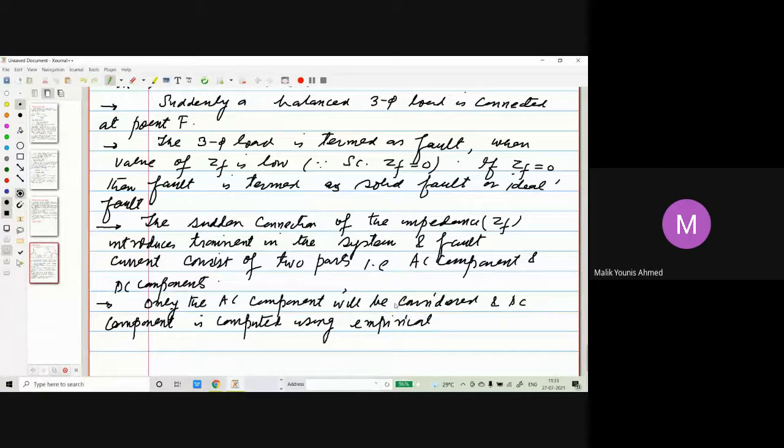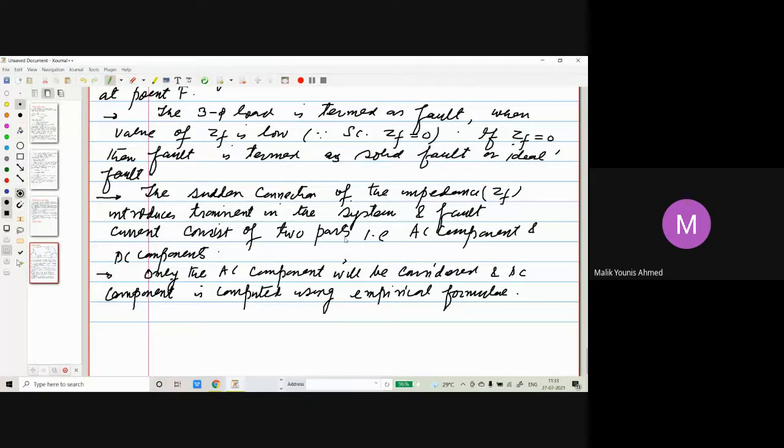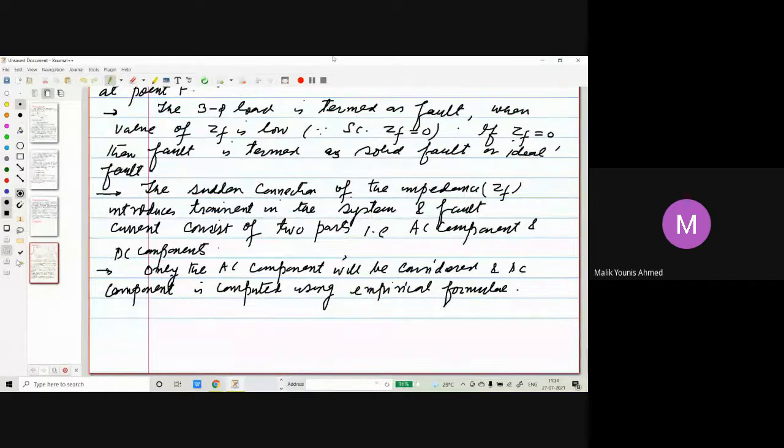That means we have tried something and reached a particular consensus or result; that formula is called an empirical formula. So very simple: AC will be considered, DC will not, and we will have a particular formula for that after certain trials and experiments.